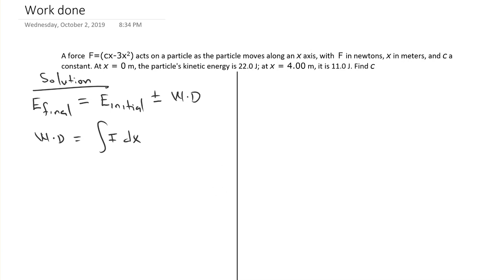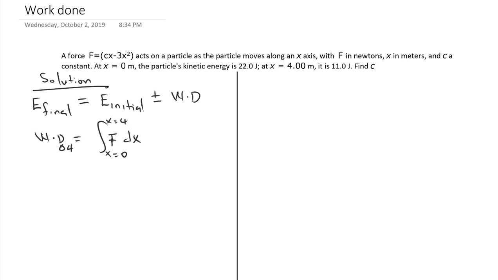Because the force is changing with changes in position x, the expression is given as an integral, not just a direct multiplication. So, work done on the particle from position 0 to 4 will be given by the integral from x equal to 0 to x equal to 4.